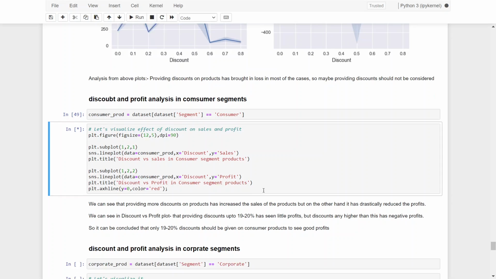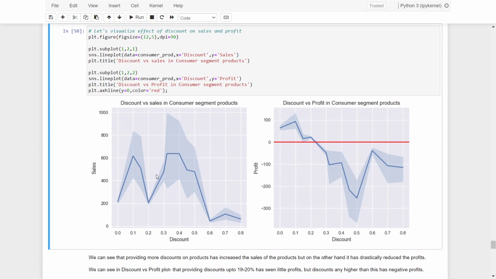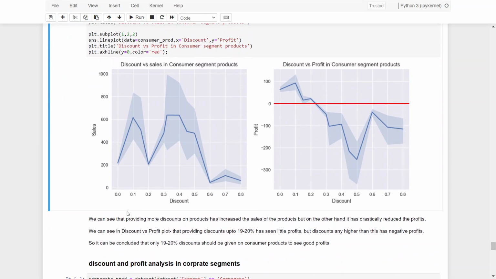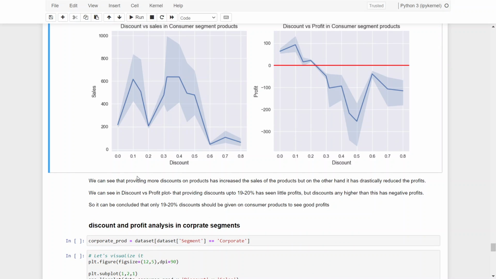Yeah, we can see that providing more discount on the products has increased the sales of the products, but on the other hand it has drastically reduced the profits. In the discount versus profit plot, providing a discount of up to 19 to 20 percent gives a little profit, but any discount higher than that gives negative points. So it could be noted after that.